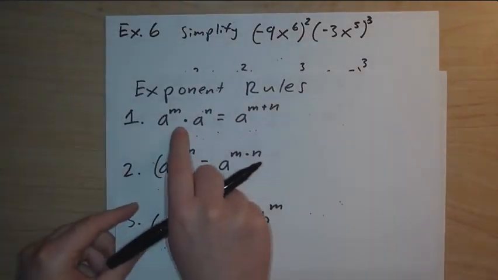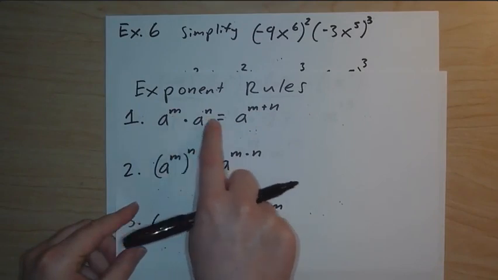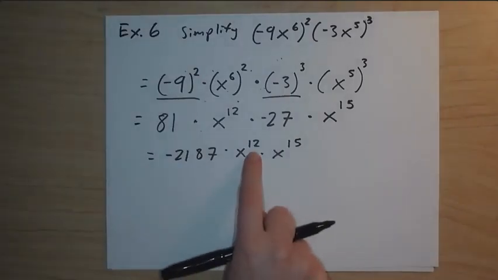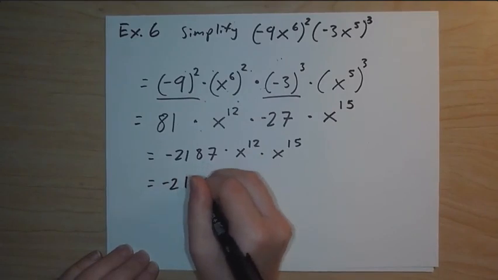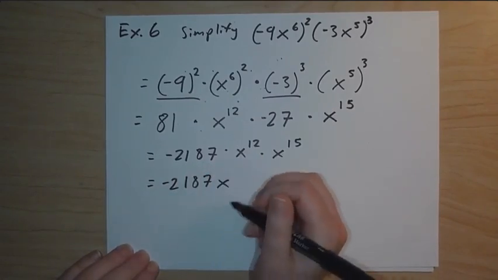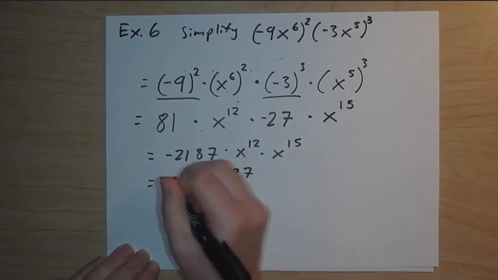And that is when we are multiplying two expressions where the bases are the same and the exponents are different, we're just going to add the exponents. So we have 12 plus 15. We have negative 2187x. 12 plus 15 is going to give us 27. And this is the most it can be simplified.